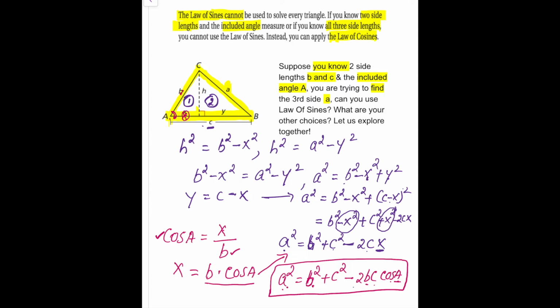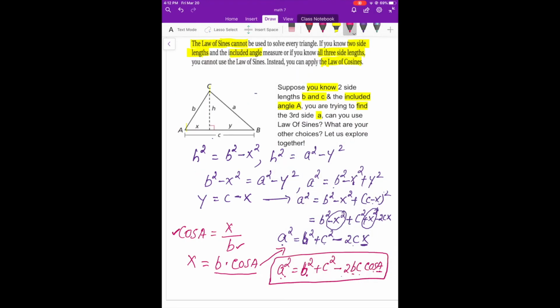There is a pattern here. If you understand the pattern, you can easily figure out the other formulas. So now you can easily figure out the other two side lengths by using this pattern.